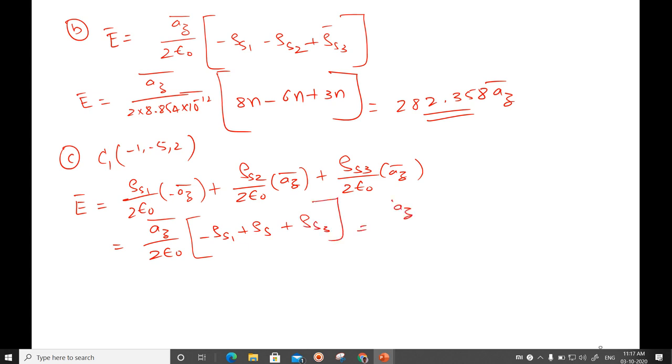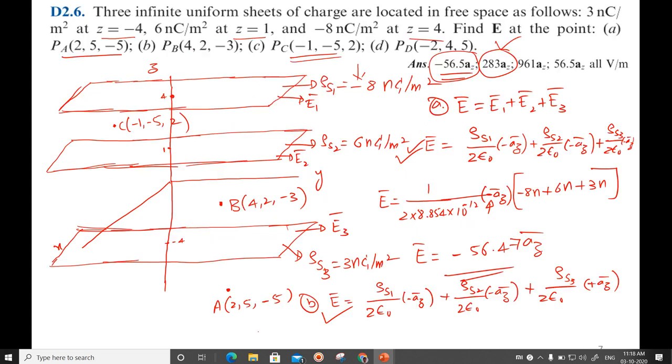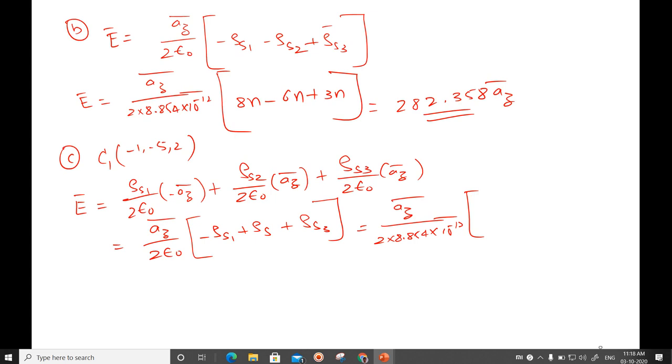So az by 2 epsilon naught, that is 8.854 into 10 power minus 12. Minus rho s1. Rho s1 is how much? It is minus 8 nano. Minus into minus, it will become plus 8 nano. Then rho s2 is how much? Rho s2 is 6 nano, it is plus only, plus 6 nano.